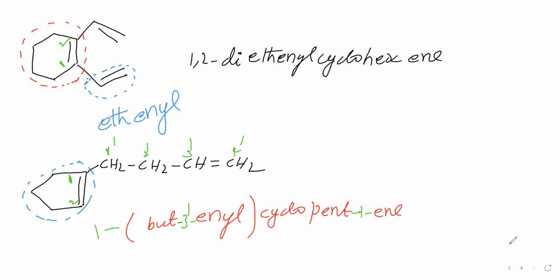Next compound we will take. For this compound, which is the branch and which is the parent? This we will take as the parent, this is the branch. This branch contains one carbon, therefore meth.